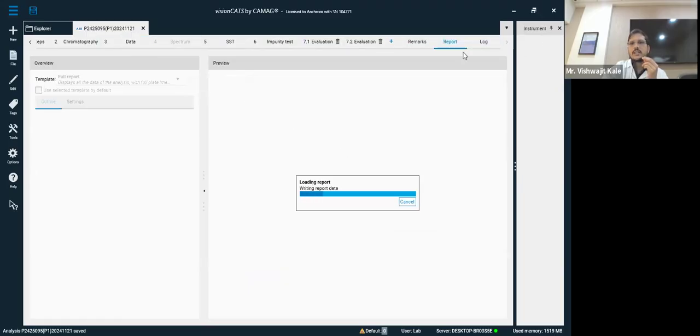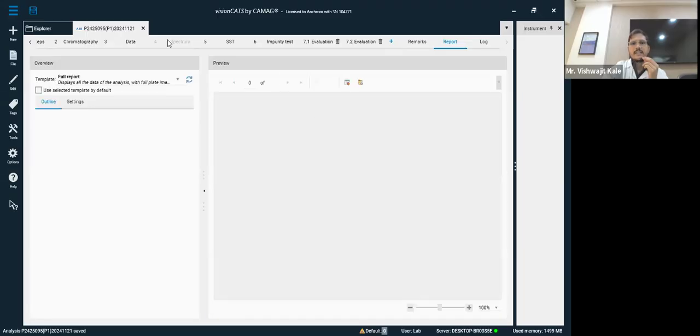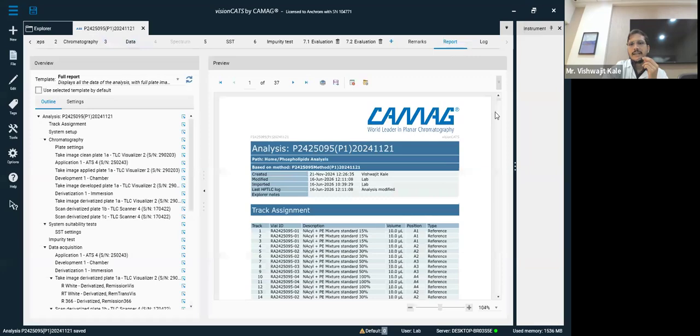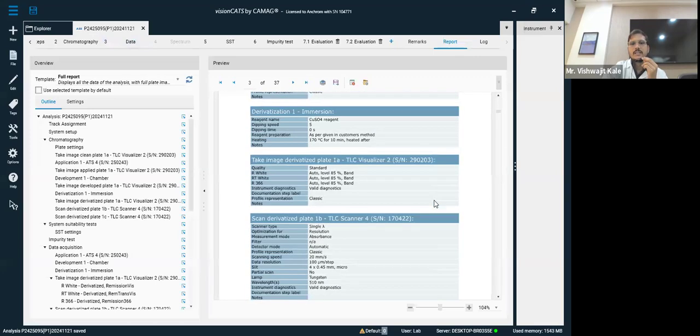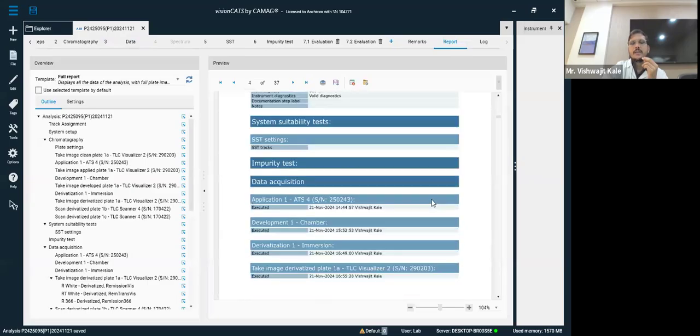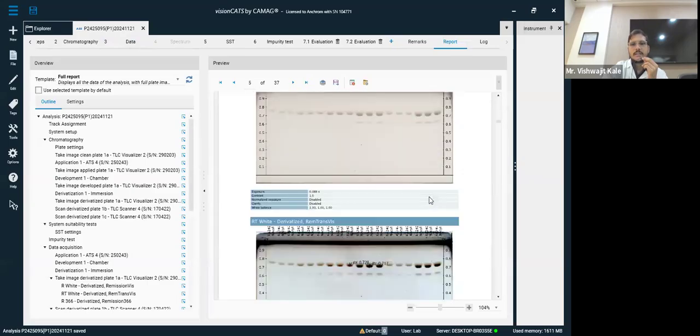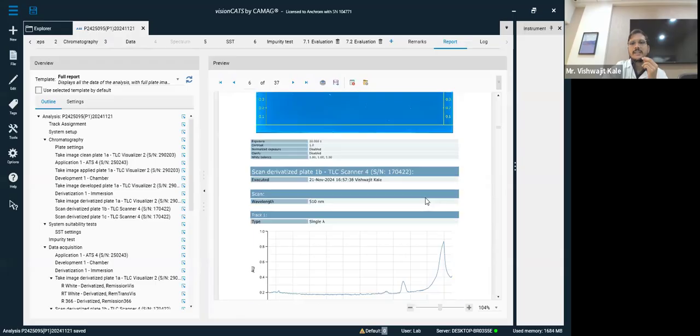So just on a single click here on the report, report includes your sample application sequence, your plate images, chromatograms, automatic calculations, linearity. If you capture absorption spectra, that spectra will also come in the report.